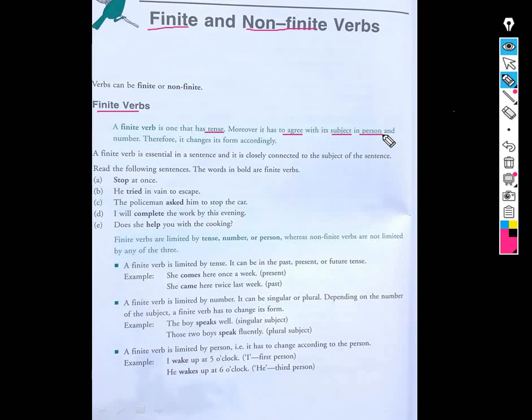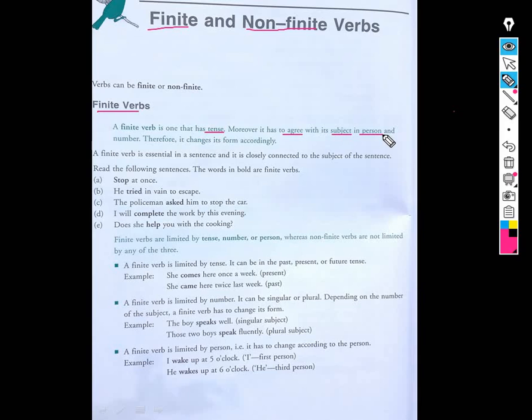For example, I play cricket. Play is coming according to I. If you change the subject, for example, he, you will say he plays cricket. Earlier we said I play, but he plays. Now this verb has been changed with the changing of person, with the changing of the subject.